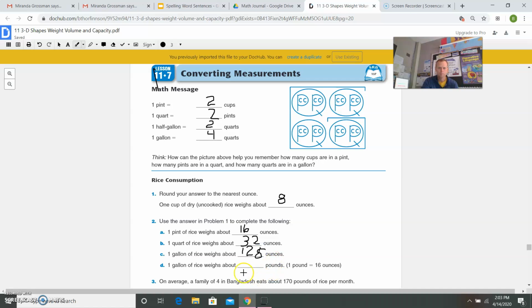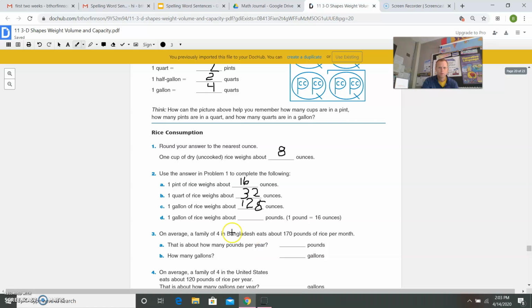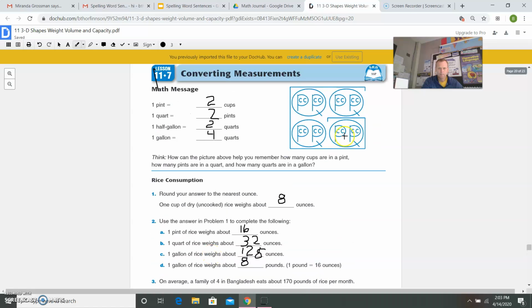See if that came up. Ooh, not very good. But it made it. 1 gallon of rice then weighs how much? And if you said 1 pound is 16 ounces, okay, 1 gallon of rice would weigh 8 pounds. 8 pounds.